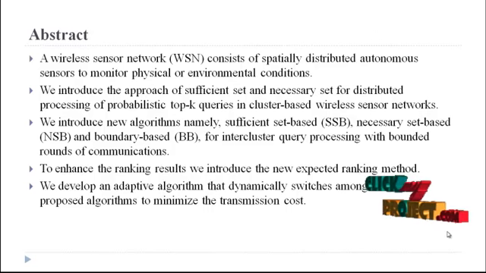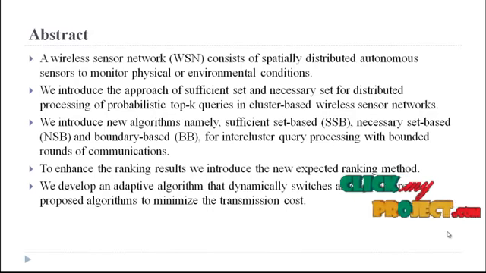We develop an adaptive algorithm that dynamically switches among the three proposed algorithms to minimize the transmission cost. In this project, we have to build the wireless sensor network, which is node and cluster based information.